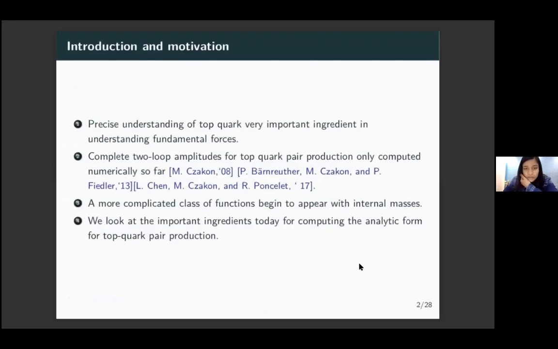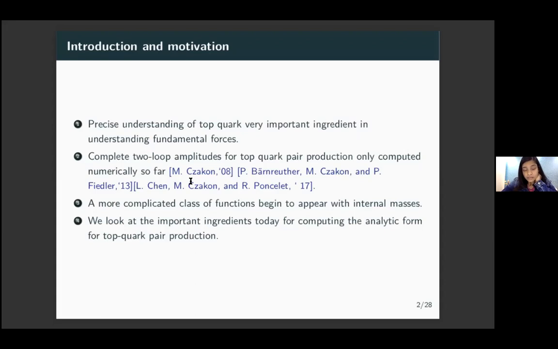We all know that the precise understanding of the top quark is a very important ingredient in understanding the fundamental forces. Now, the complete two-loop amplitudes for top quark production have only been computed numerically so far by this group of people.